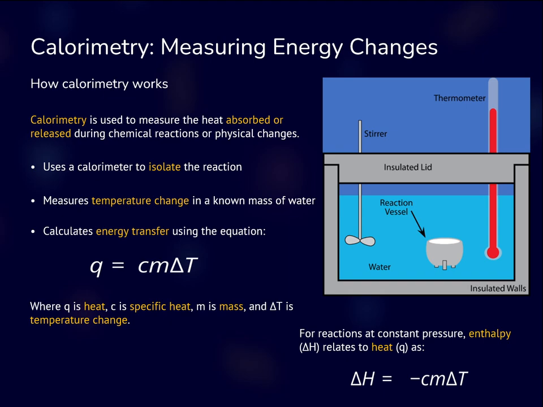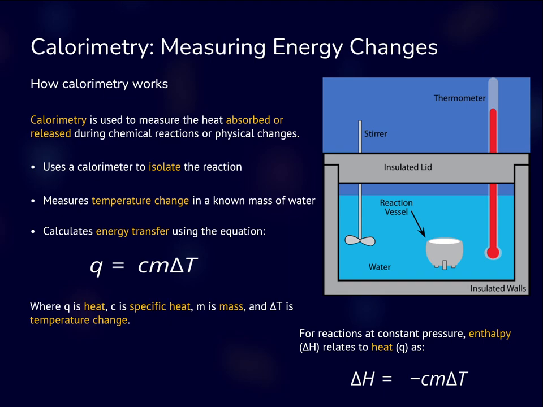Q is equal to mc delta T, as we've seen before, where Q is the heat energy transferred, measured in joules, C is the specific heat of the substance, m is the mass, typically in grams, and delta T is the change in temperature. Remember, because energy is gained by one substance, we can assume that it's being lost by the other substance.